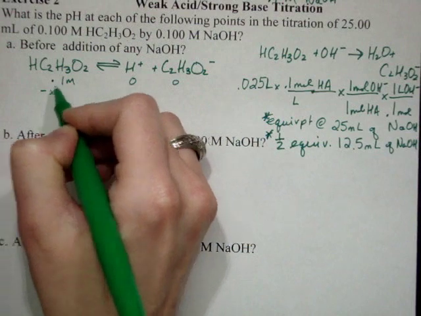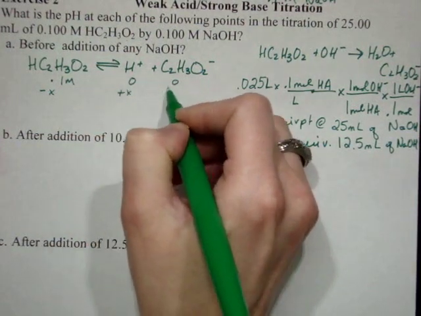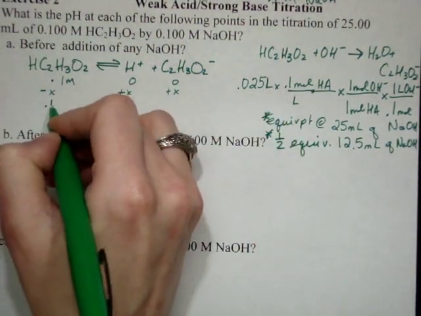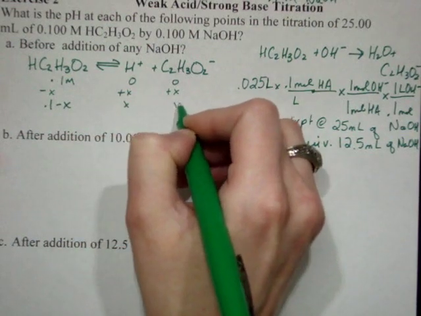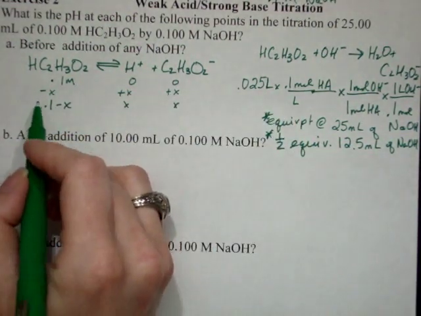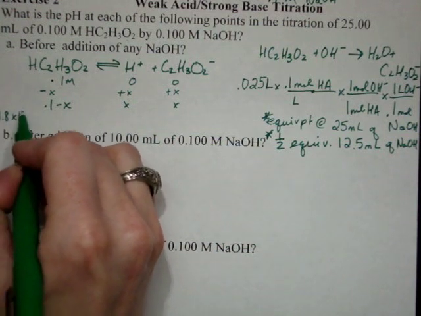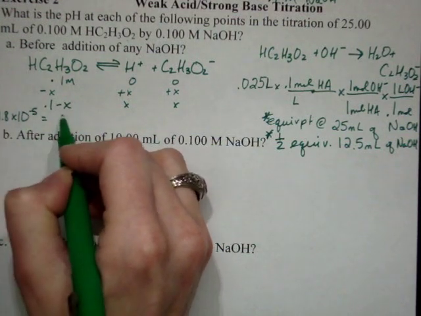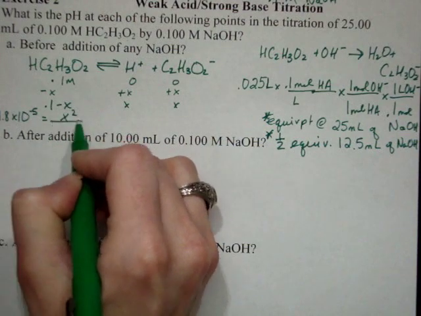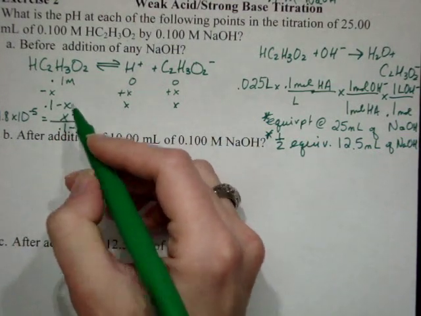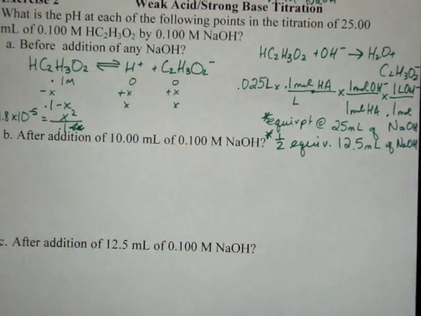This is basically an ICE problem. The Ka for this, if you haven't remembered it, you can look it up: 1.8 times 10 to the negative 5 equals x squared over 0.1 minus x. Go ahead and cancel out that value.